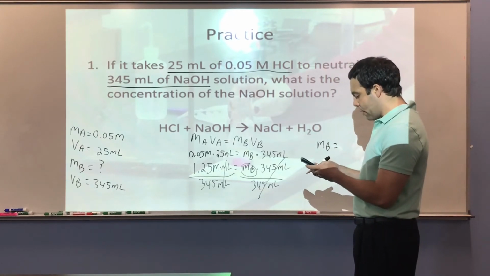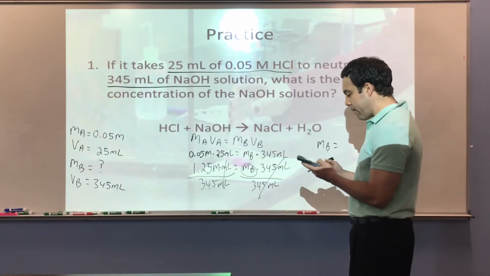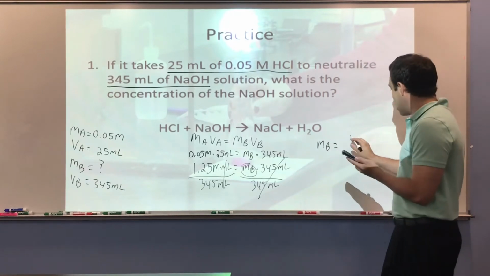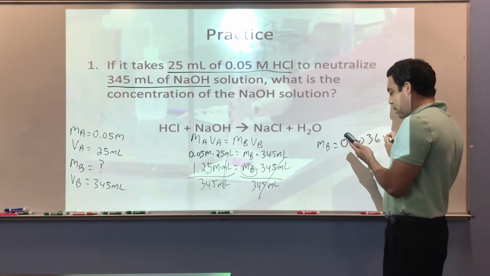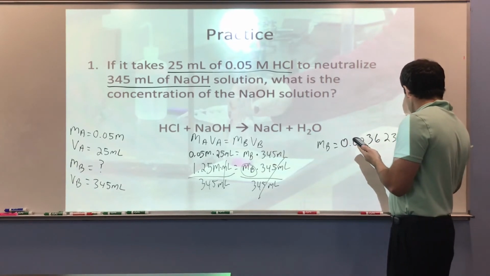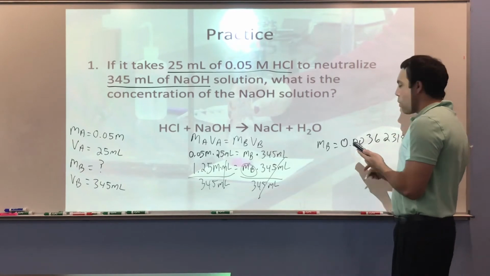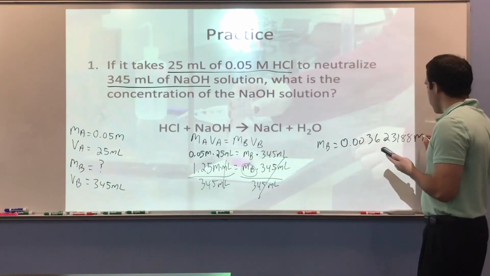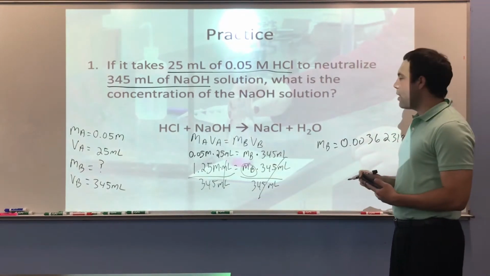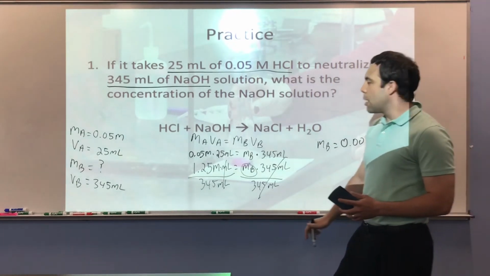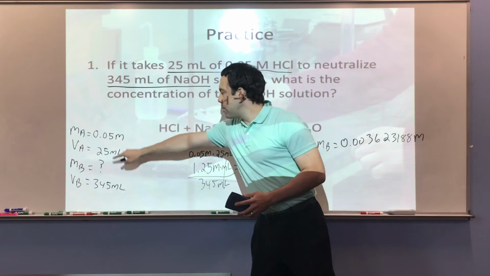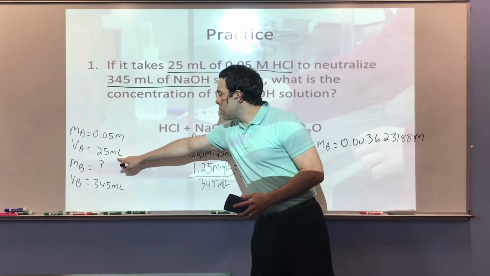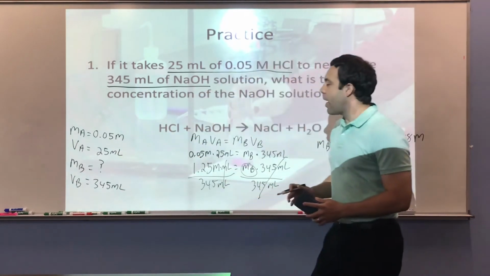So Mb is equal to 1.25 divided by 345. So we get this very long number, 0.003623188 with the unit of molar. For significant figures, we look at the least number of significant figures. 0.05 has 1, 25 milliliters has 2, 345 has 3.